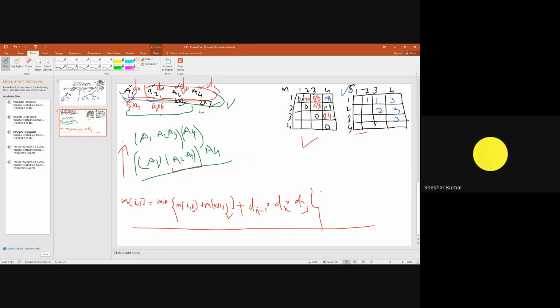Then we have constructed an optimal solution from the computed information. We have found the minimum number of calculations required for your matrix multiplication problem. So in this manner, we have found the optimal solution. Dynamic programming is used in both top-down approach and bottom-up approach.